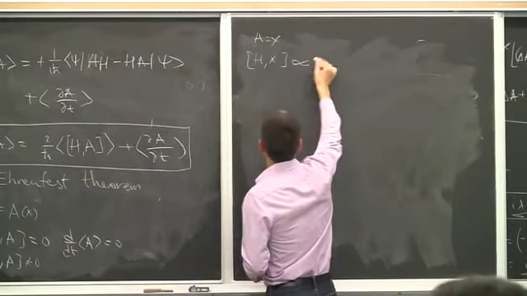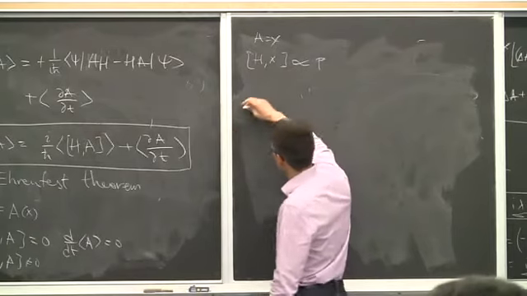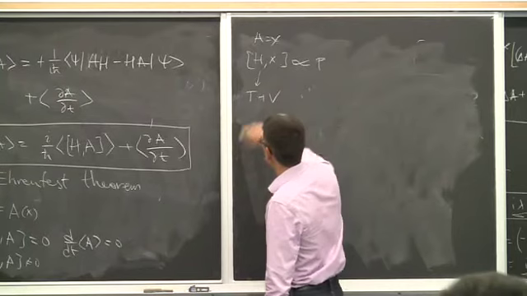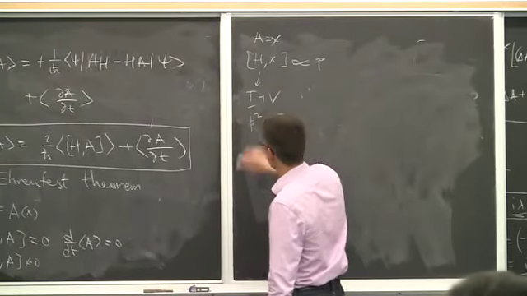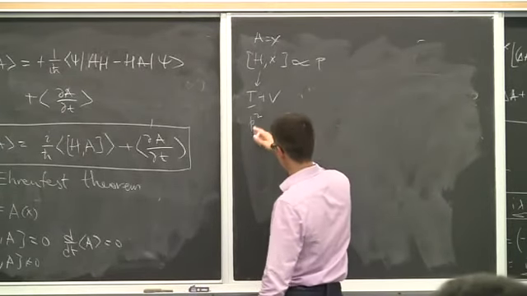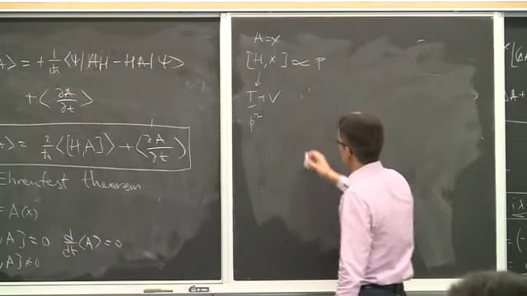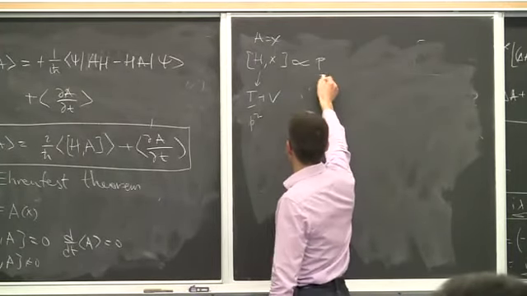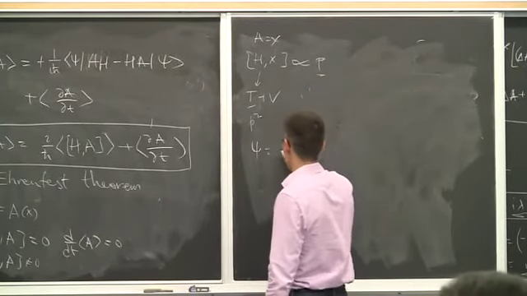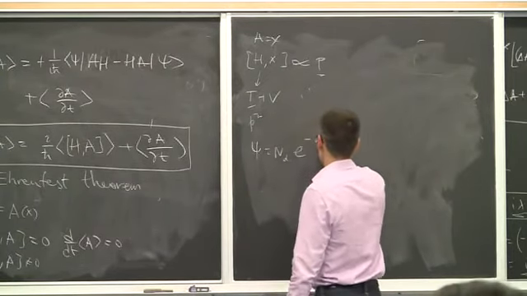The commutator of H with X is, up to a constant, proportional to P, because H contains both T and V. T contains P squared, and P doesn't commute with X. So the commutation relation of P squared with X gives you P as a commutator, and it seems like the commutator is non-zero. But if you take psi, which is the ground state of a harmonic oscillator, say some Gaussian, right?